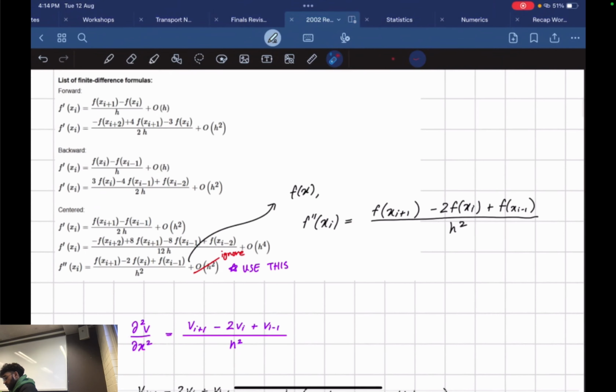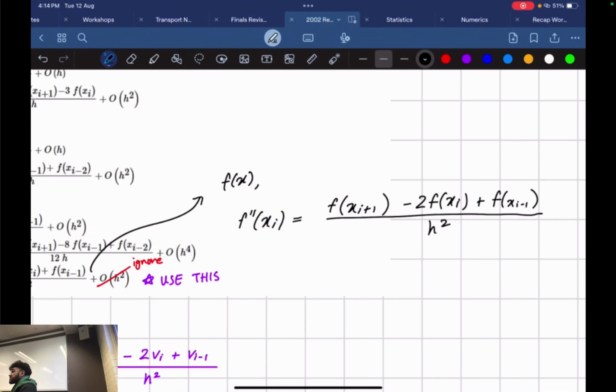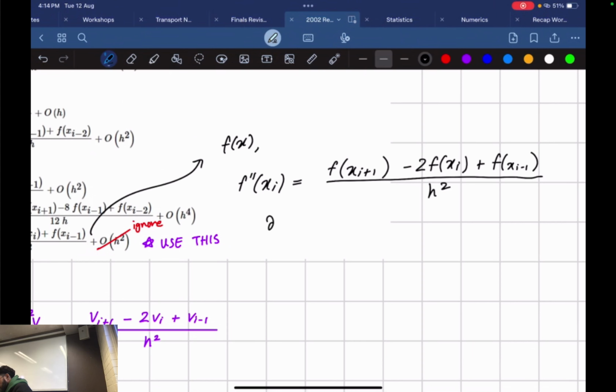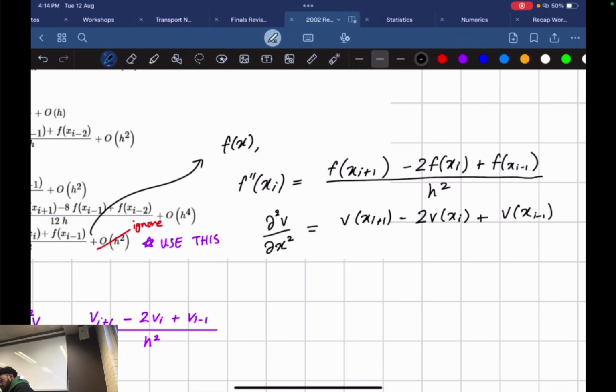So if I wanted to convert this into what we have in the question, in terms of v, the second partial derivative of v with respect to x is going to be equal to v at xi plus 1 minus 2v at xi plus v at xi minus 1, divided by h squared.